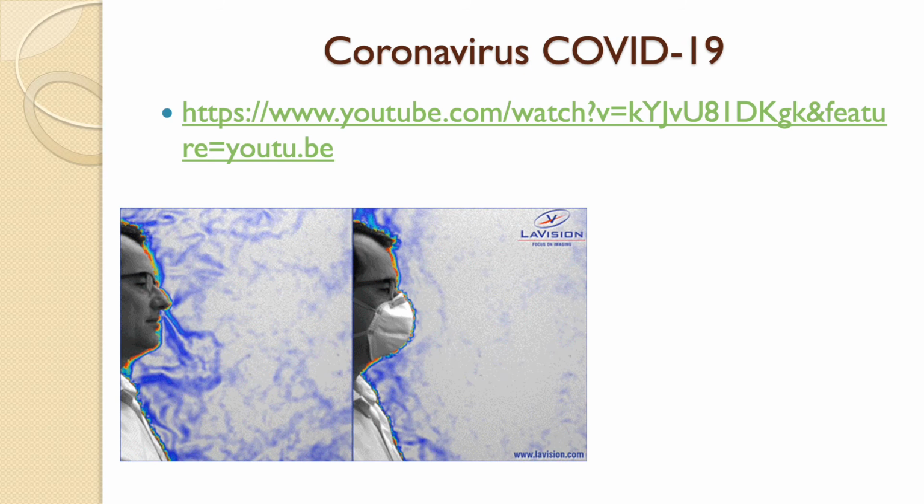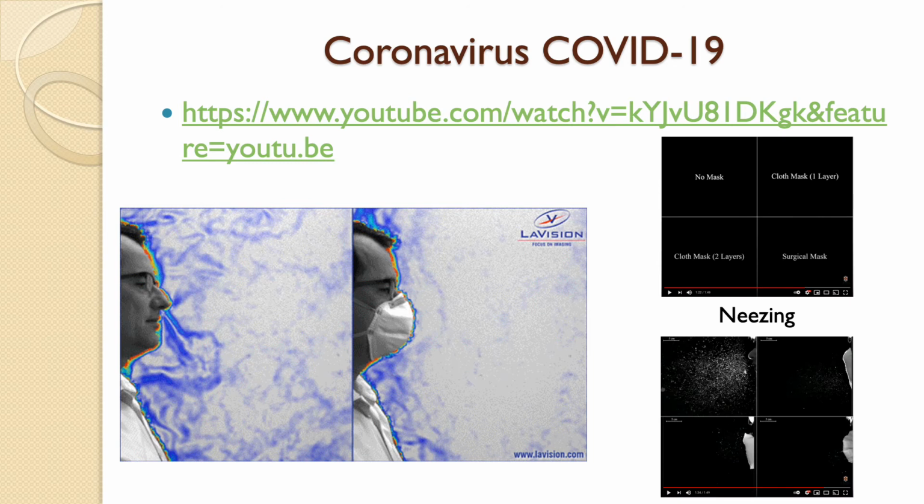Now here you can see the effect of wearing a mask on where the air goes, and I can refer you to this small YouTube video. I think the picture speaks for itself. If you look at these different situations, with no mask, you can have a look at what is happening when you sneeze.